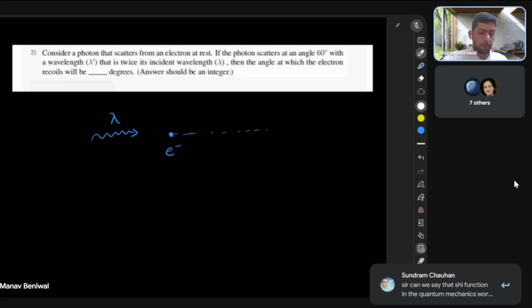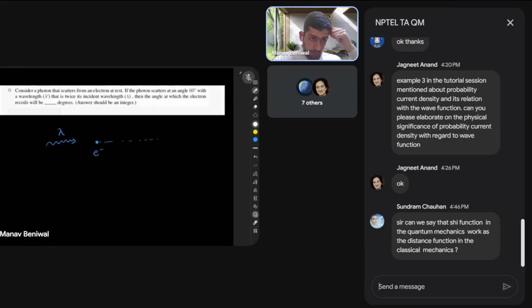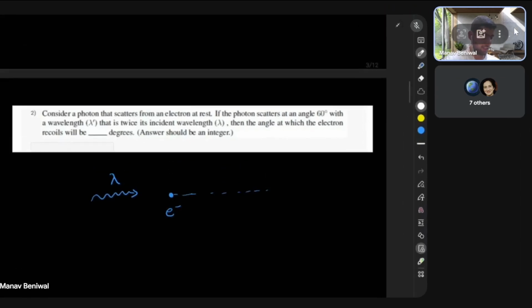And then what happens, so you can say that psi function, no actually, see, it is not, we cannot say it is the distance function. And why we cannot say so, I'll just explain quickly.